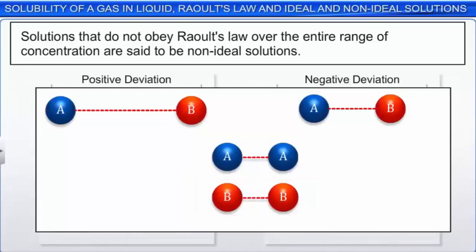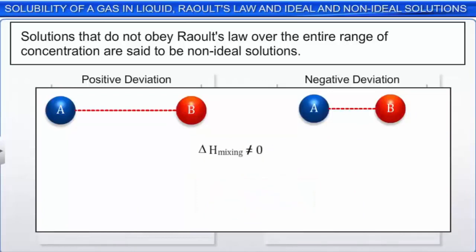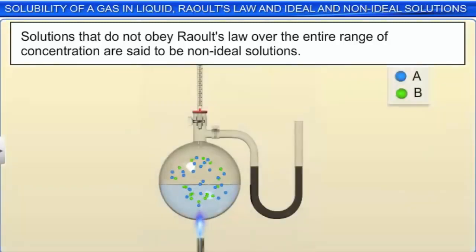Also, delta H mixing is not equal to 0 and delta V mixing is not equal to 0 for such solutions. If the magnitude of AB interactions is weaker than the magnitude of AA or BB interactions, then such solutions have a higher tendency to escape into the vapor phase and will show a higher vapor pressure.